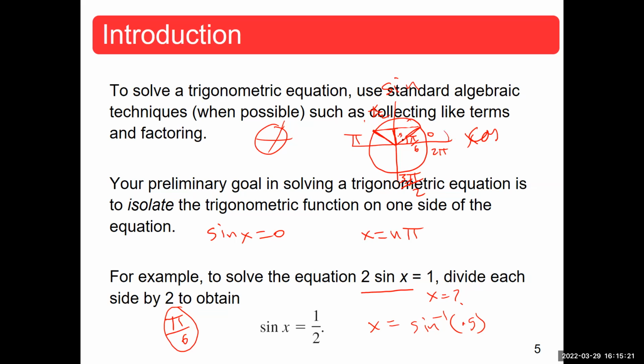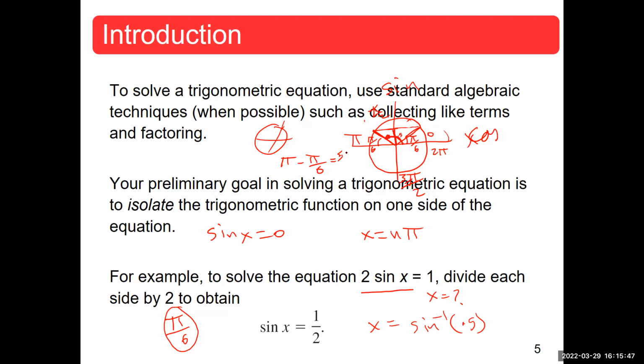What is the value of that angle from here to here? Can you figure it out? So if this is pi over 6, this is also pi over 6 because it's symmetric. Then this angle equals pi minus pi over 6.